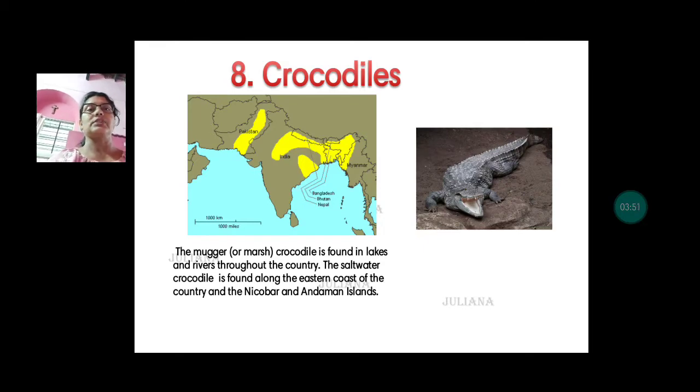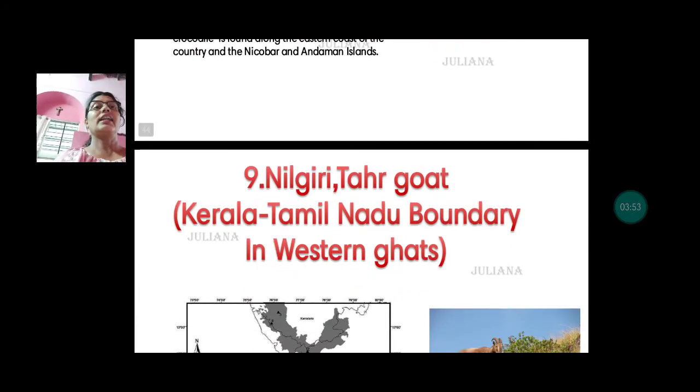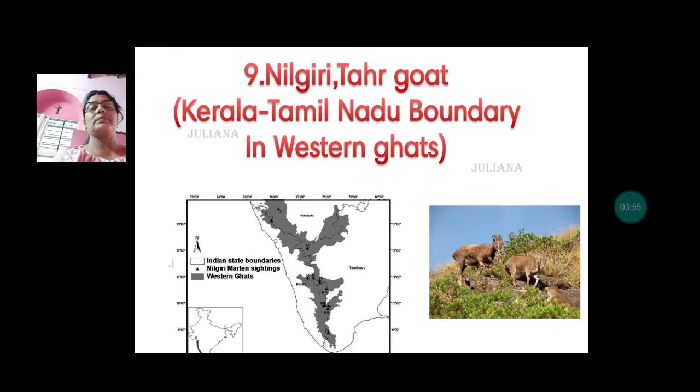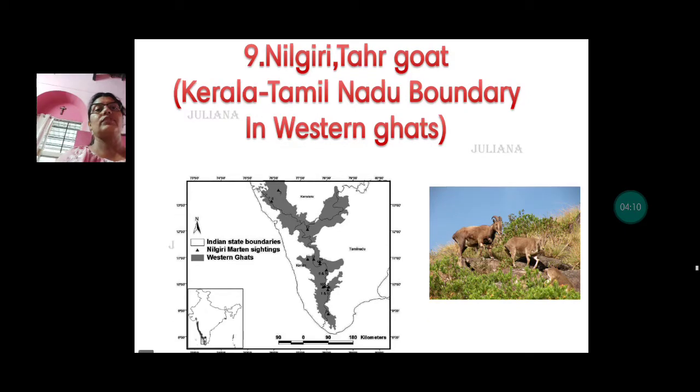Again, the lower courses of Ganga River. The Nilgiri or Tahar goat, I don't know how it's pronounced, but I think it's Tahar goat, which is found on the border between Kerala and Tamil Nadu in the Nilgiris, that is in the Western Ghats, bordering Kerala and Tamil Nadu. Okay, the Thar goat, you can see the pictures of them as well.